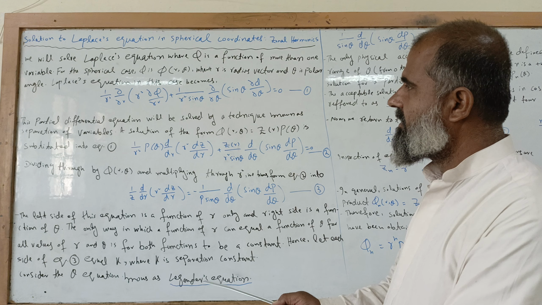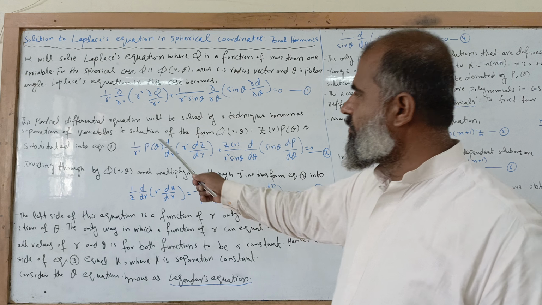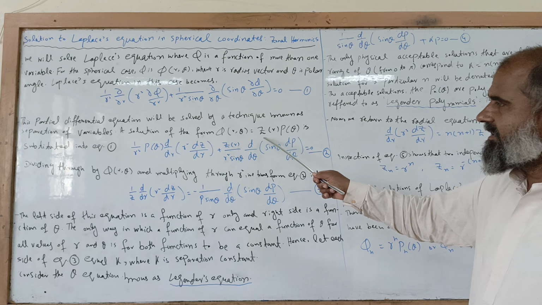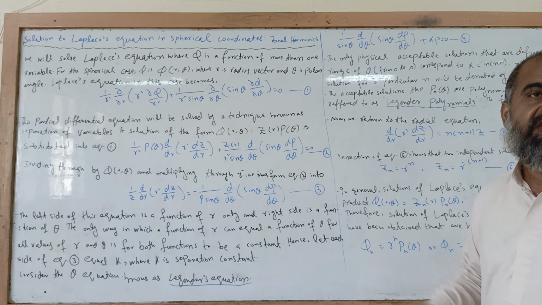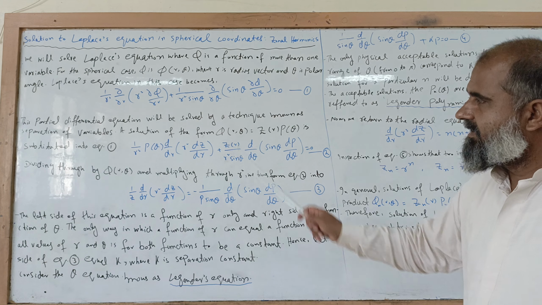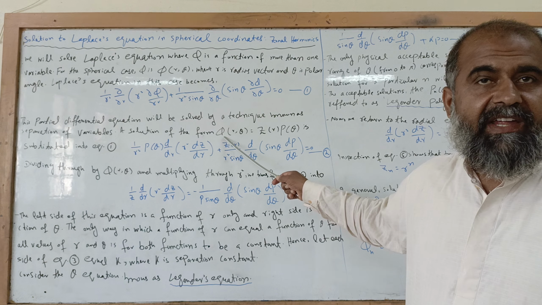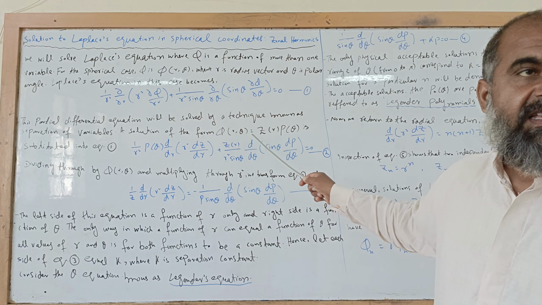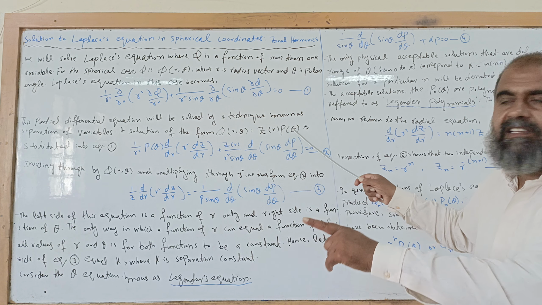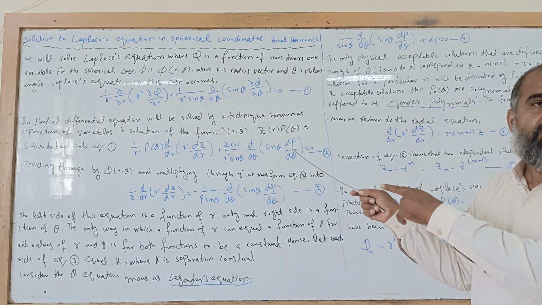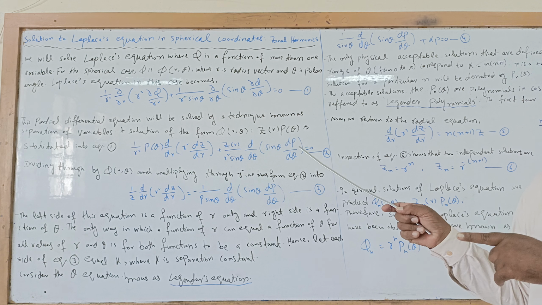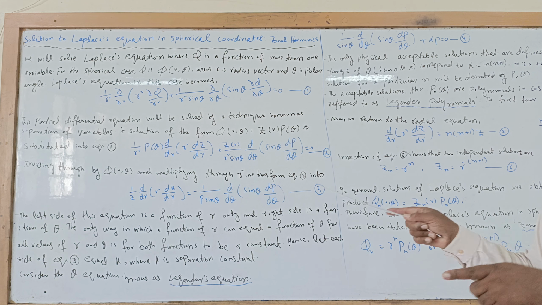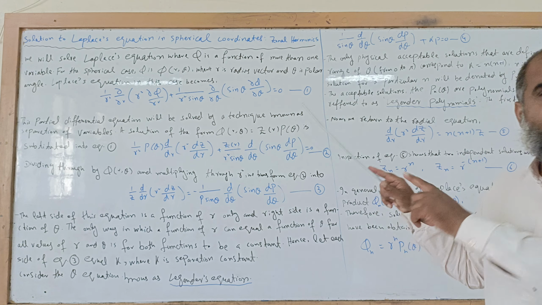And over here, the solution is of the form phi of r, theta is equal to Z of r times P of theta. Look, this is the variable phi, a function of r and theta. We have written it as two parts, two components, Z and P. Z is a function of r, P is a function of theta.